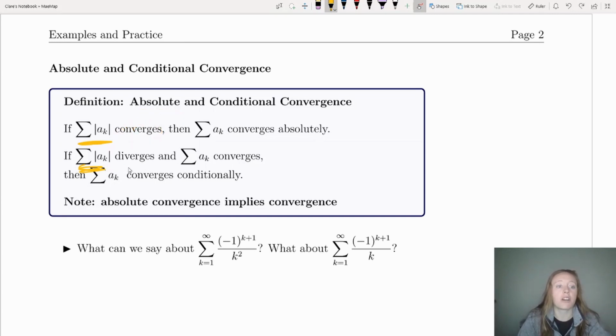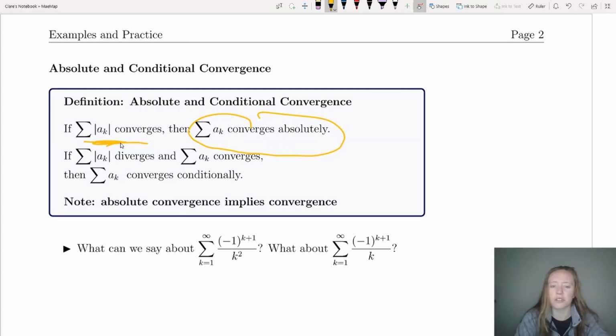And if the absolute value diverges, we know it only converges conditionally, because it only converges in the case of it alternating. And the cool thing about this absolute versus conditional convergence, if we can show that the absolute value of the series converges, we don't even need to bother with the alternating series test, because we know that as long as the absolute value converges, that alternating series converges.